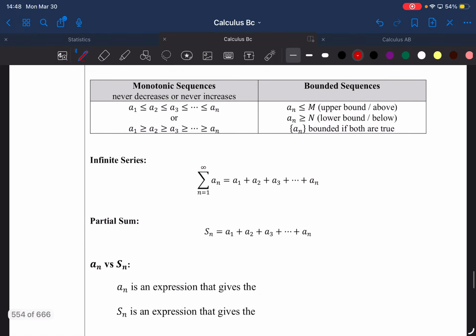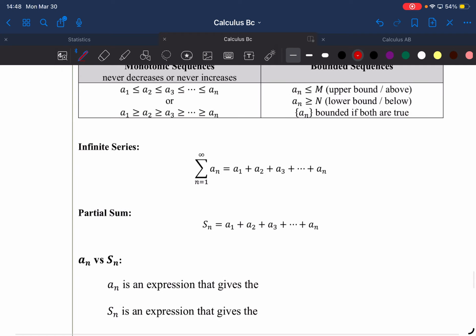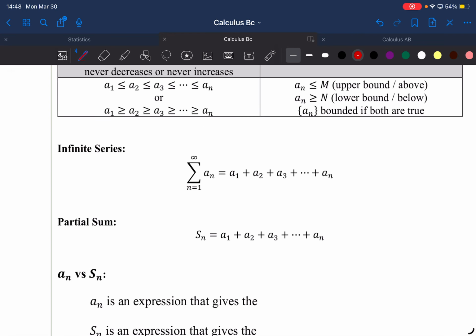For infinite series, this gives us the formula, the summation of n equals 1 to infinity of a sub n. So what that means is we plug in 1, 2, 3, etc., and we're adding them all together. Okay, this is different than partial sum. Partial sum, S of n, is equal to a sub 1 plus a sub 2 plus a sub 3. All of those are talking about either a sequence or a series.